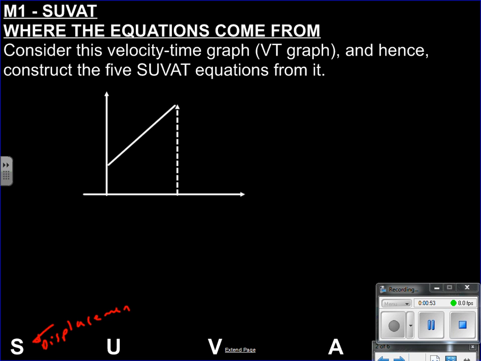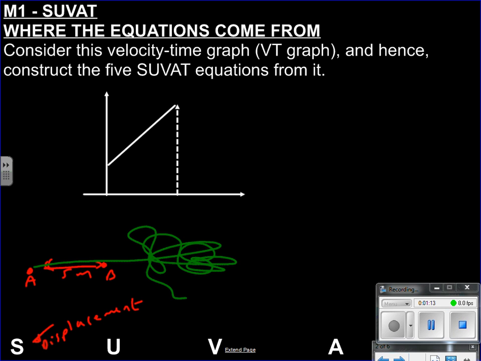Now, what is displacement? It's not how much distance is traveled. Let's say I've got this point A here and this point B here, and these are 5 meters apart. Say I'm a particle zooming around, doing all this crazy stuff, and then I end up back at B. What's the displacement between when I started and when I finished?